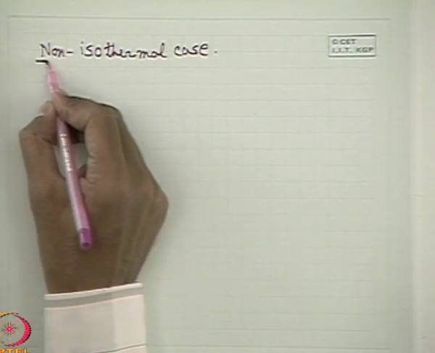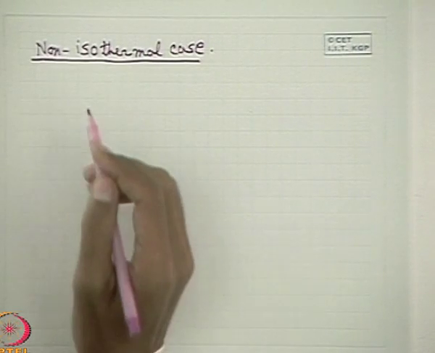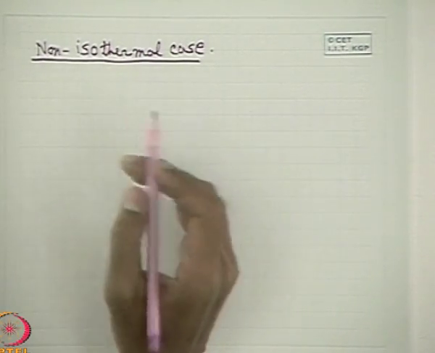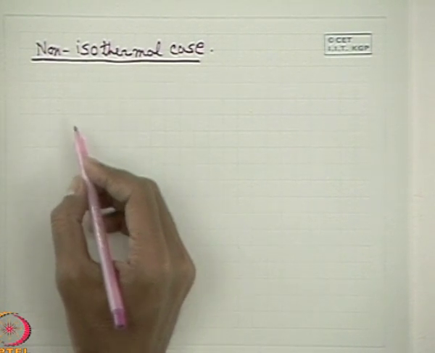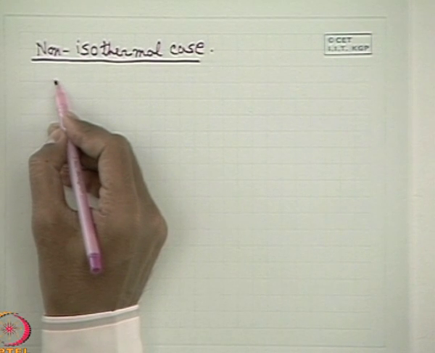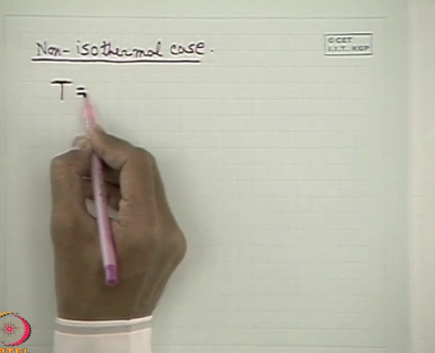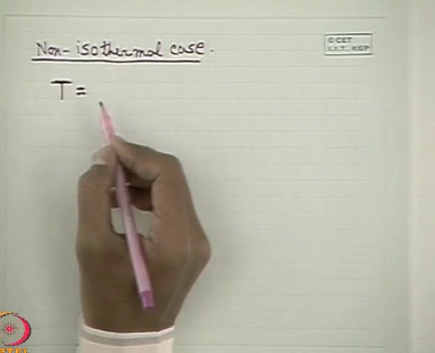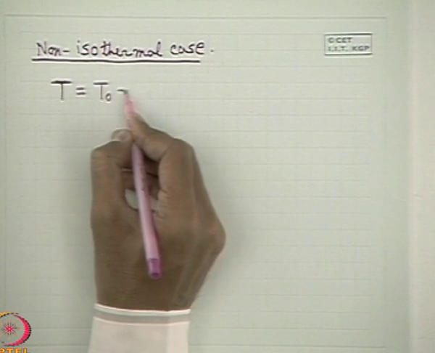In this regard I would like to tell you one thing: in our atmosphere, the temperature up to a certain height changes linearly with the altitude, and if we express the temperature in that level of atmosphere from the earth surface, we can write it this way.